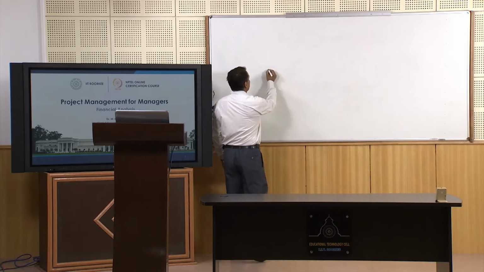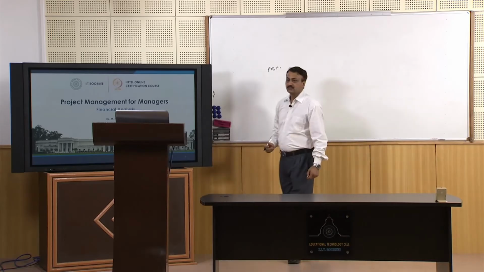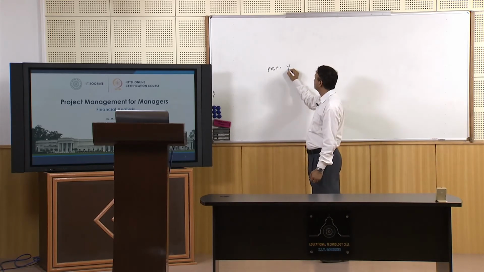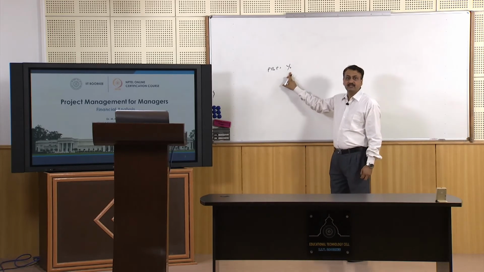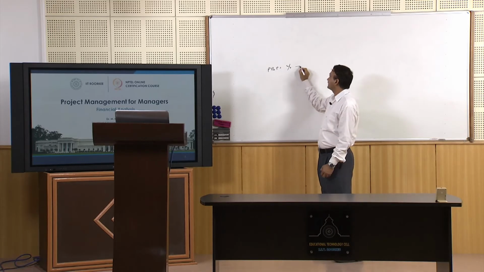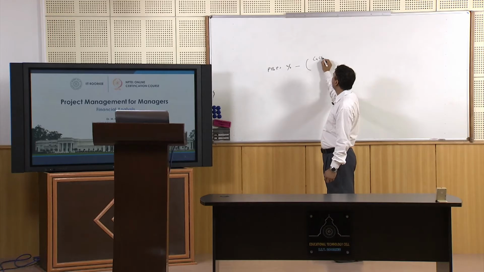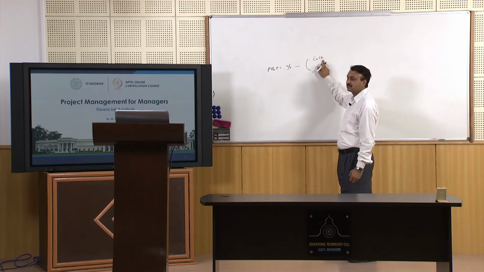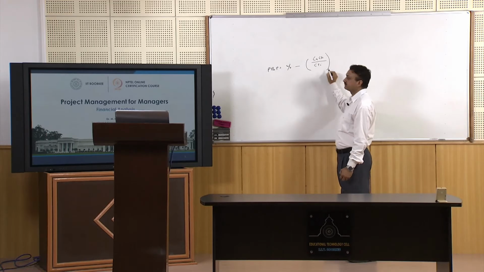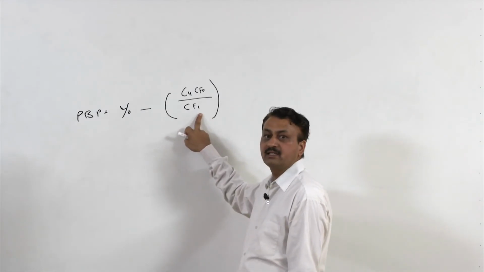Payback period is equal to Y0, the year in which you are getting payback, minus the cumulative cash flow of the year Y0, divided by CF1, the cash flow of the payback year.